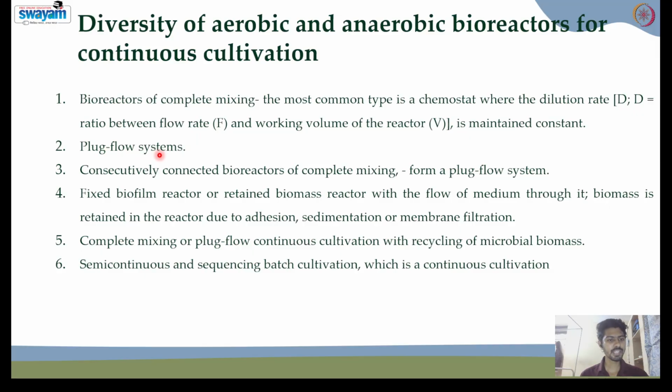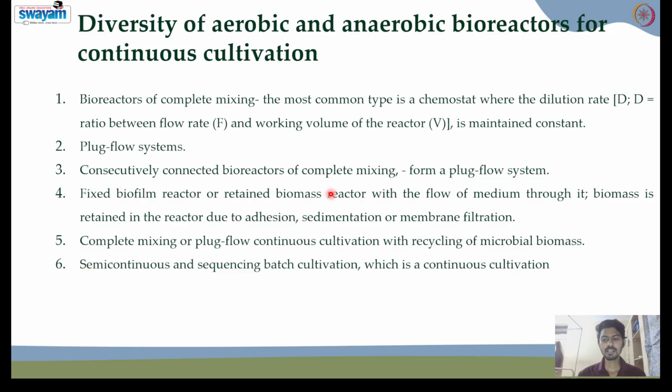The next configuration is plug flow systems. It is one of the continuous systems where we send the continuous input and collect the continuous output. Then there are different configurations where we connect these bioreactors in series and in parallel. And the fourth is the fixed bed bioreactor or retained biomass bioreactor.